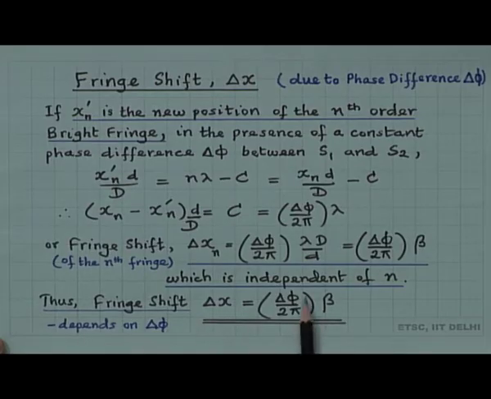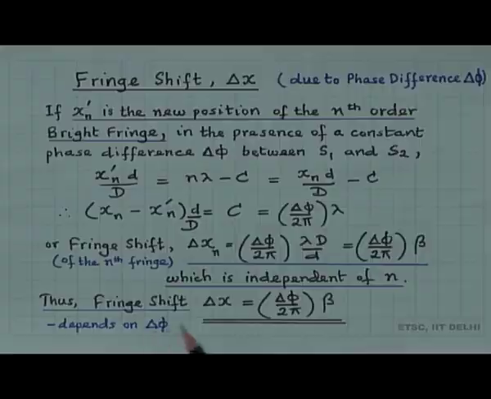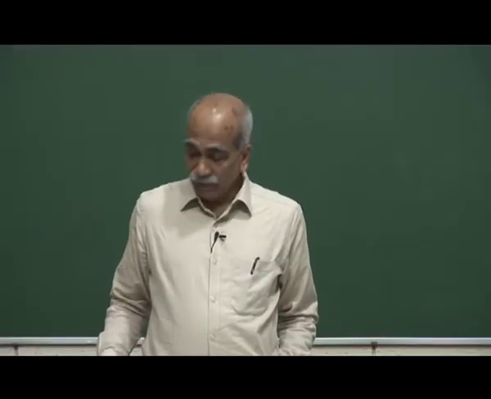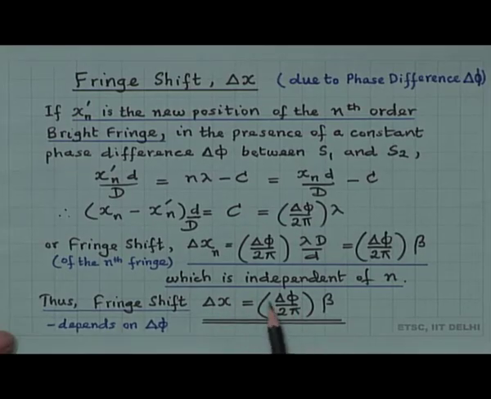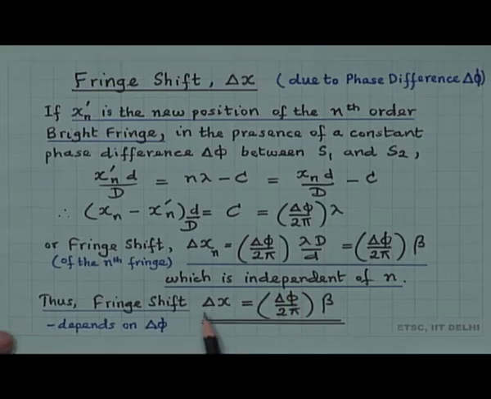It depends on delta phi. This is now completely understandable. We can see that if we put delta phi equal to 0, then delta x is equal to 0. If delta phi is 0, delta x is equal to 0, means there is no fringe shift, and if delta phi is a finite number, then there is a fringe shift.